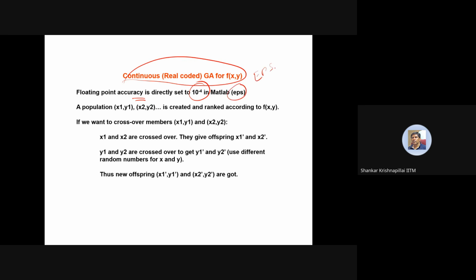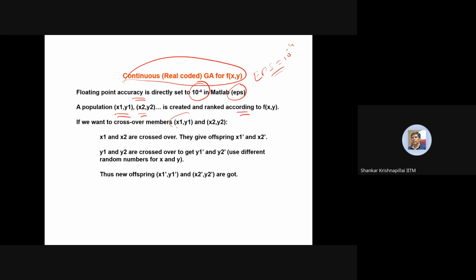This EPS equal to 10 raised to minus 4 in MATLAB is the decimal accuracy. With this simple command, we can set the floating point accuracy for the continuous genetic algorithm. Then the population of X1, Y1, X2, Y2 is created and ranked according to f of x.